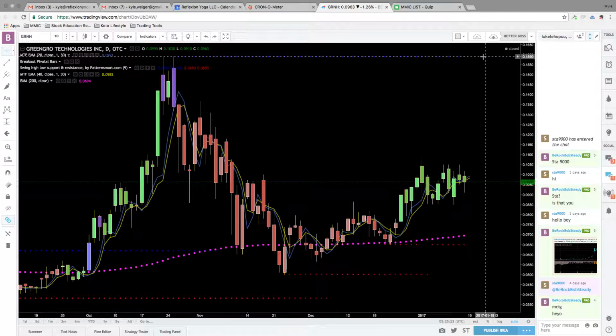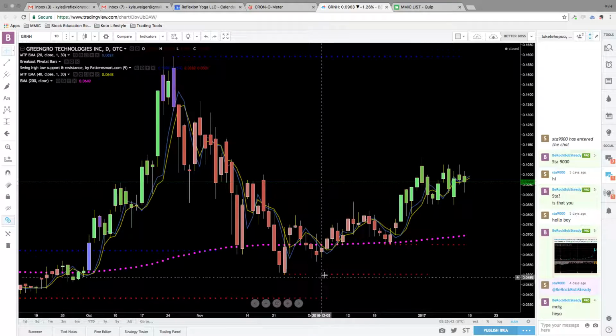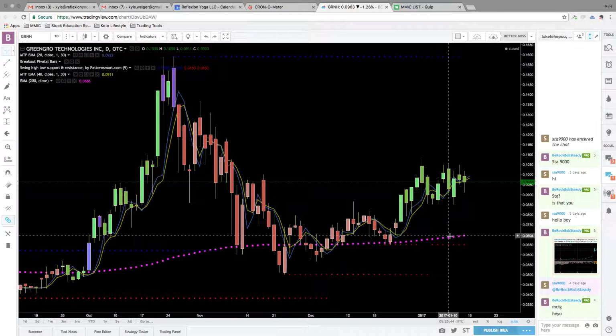Now this is a really easy number to find. No other data to mine here. We just go find the highest blue set of dots. And by the way, in this particular chart, which you can get from Kevin or myself, inside the master account that we have with TradingView, blue is resistance, red is support, and the pink is the EMA 200.